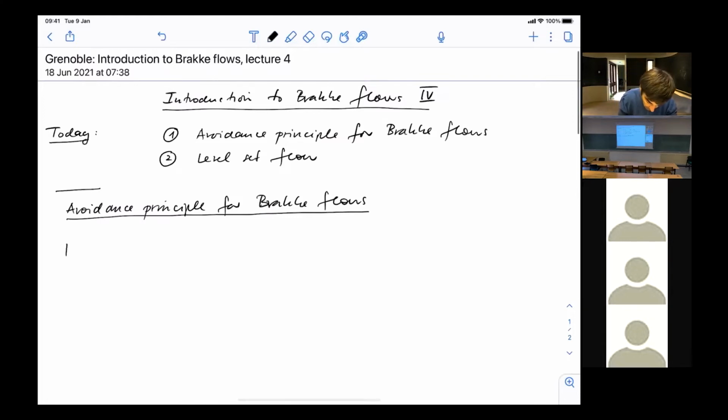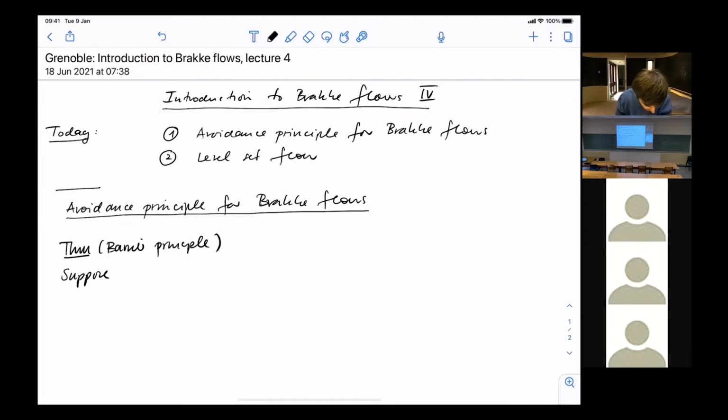So here's the first theorem. It's a barrier principle. Since it's not so well known that you can also have a barrier principle for mean curvature flow in higher codimension, let me do this in any codimension. So suppose M is the space-time support of an m-dimensional integral Brakke flow.